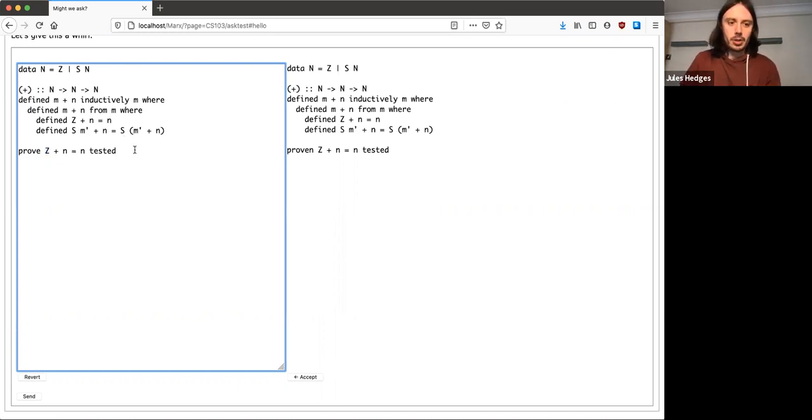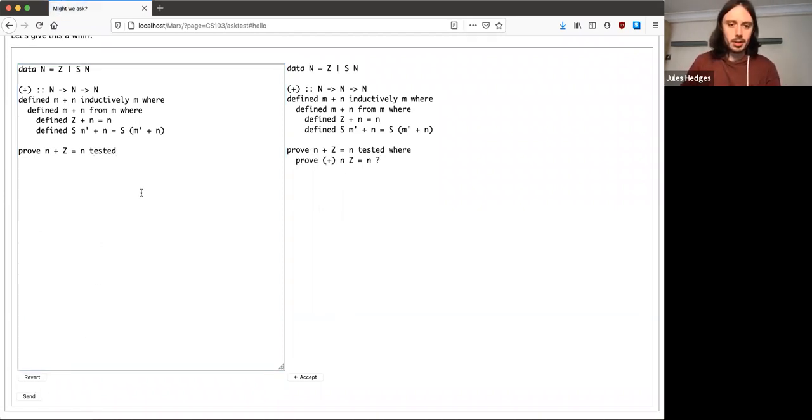But there's a big catch, which is if I try to prove something equally obvious, like n plus z equals n, so it's the same equation, but with the inputs to plus the other way round, this doesn't work. So Ask accepts it, but it asks us to prove the same thing again.